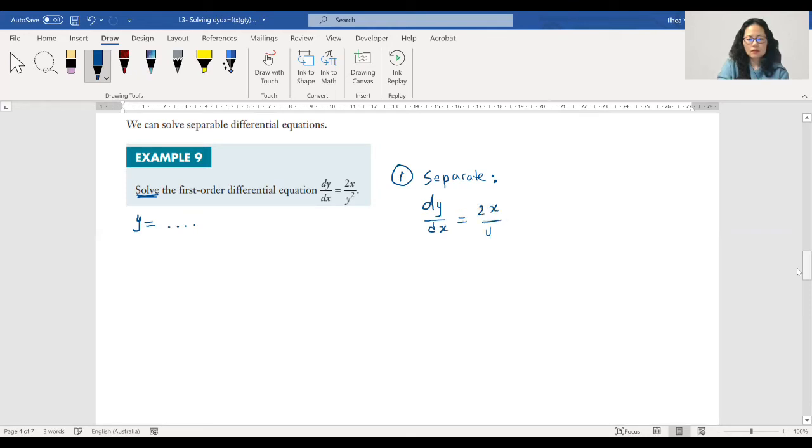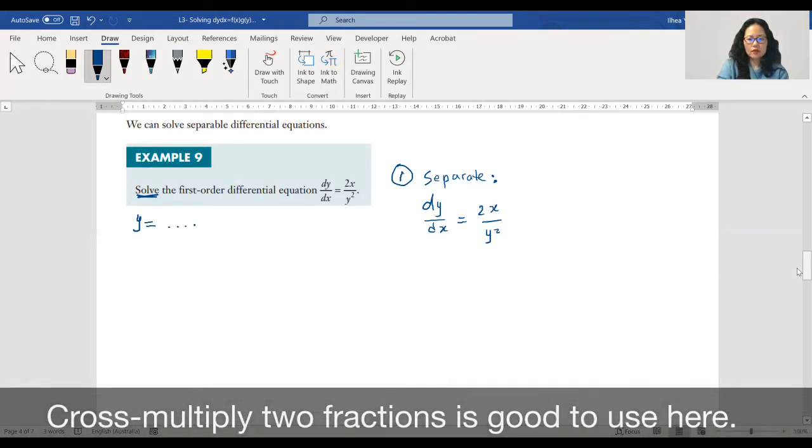2x over y squared. So I'm going to move y squared to my left by timesing y squared on both sides. So it becomes y squared dy and 2x dx, because I times by dx on both sides.